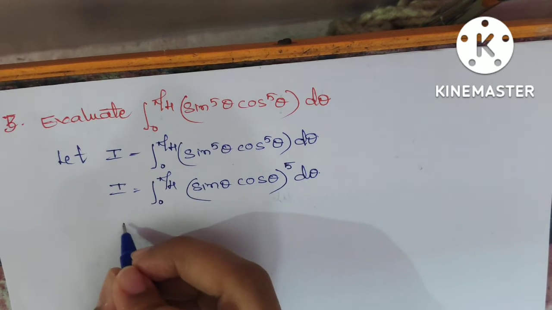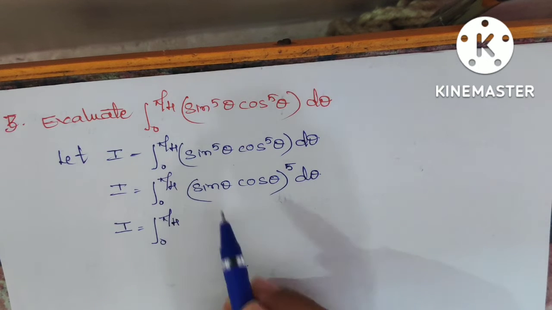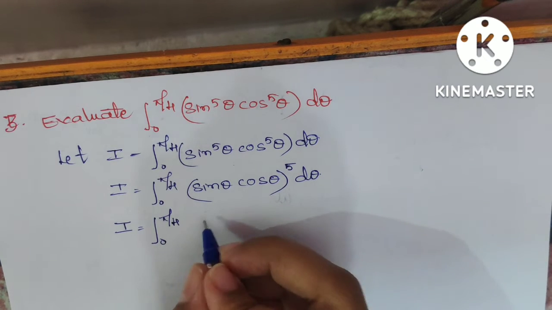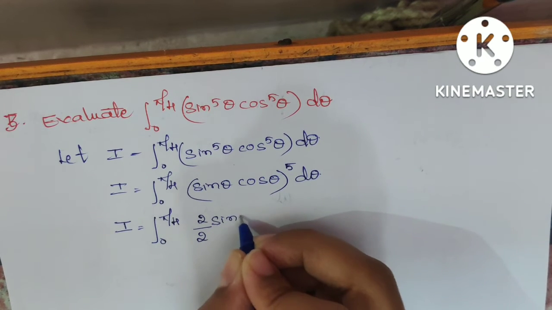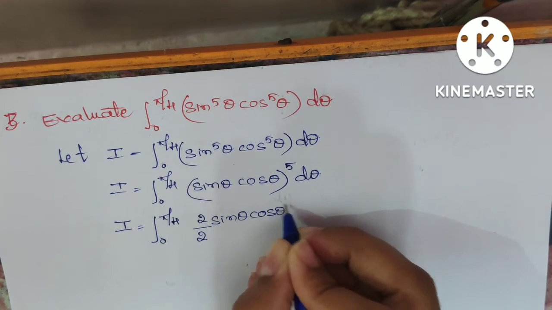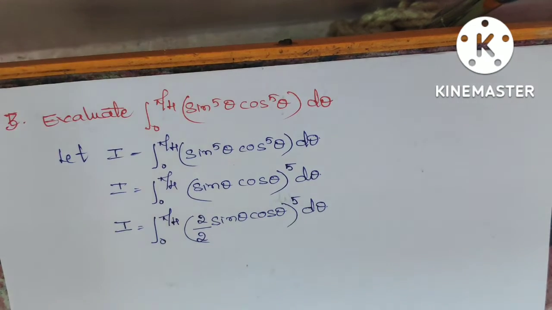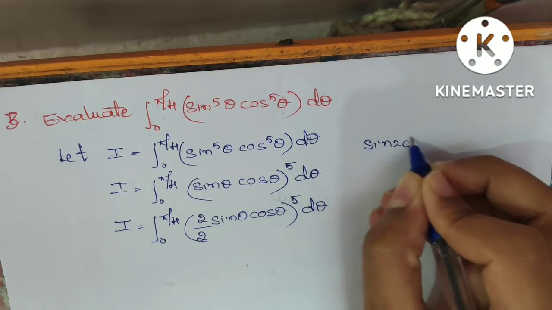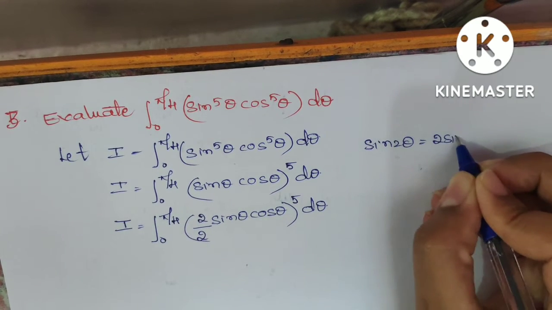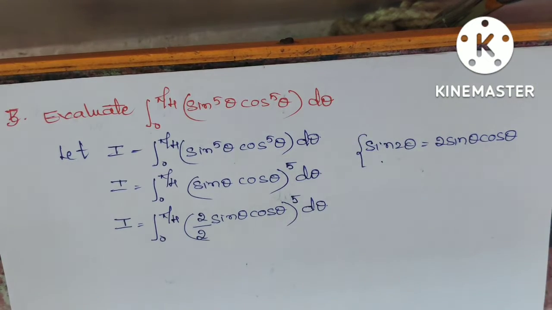Students, in the next step what I'll do, integration from 0 to pi by 4, I'll multiply and divide by 2 here. Sin theta into cos theta to the power 5 into d theta. We have the formula sin 2 theta is 2 sin theta into cos theta. Right.